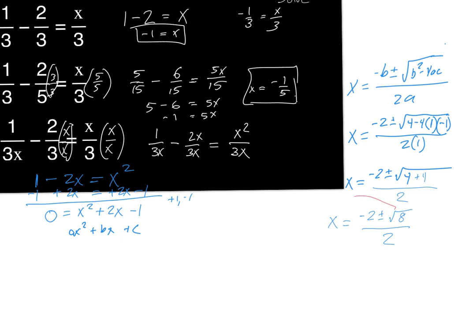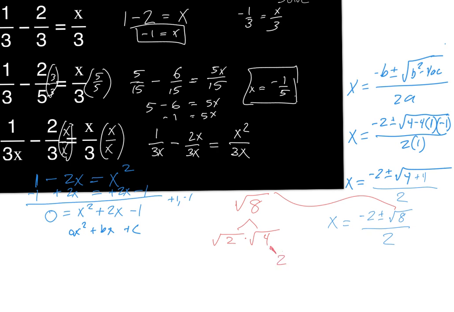Going to take that square root of 8 and do simplified radical form. Are there two numbers that go into 8, one of which I know the square root of? 2 times 4 is 8. So square root of 2 times square root of 4 is square root of 8. I know the square root of 4.